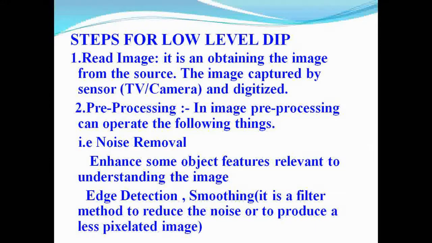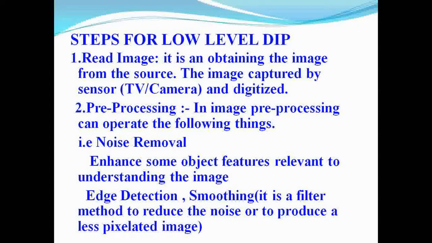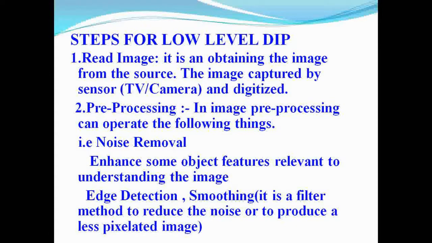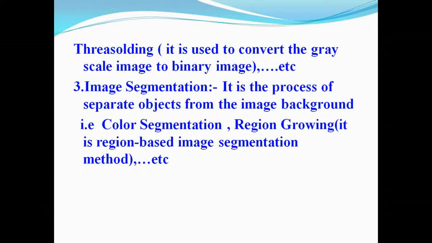Then smoothing. Smoothing is a type of filter method. The main purpose of this filter method is to reduce the noise or to produce a less pixelated image. This happens in the pre-processing mechanism.